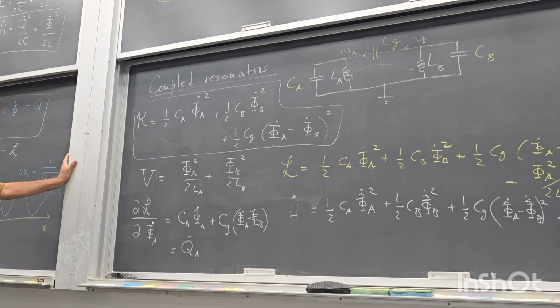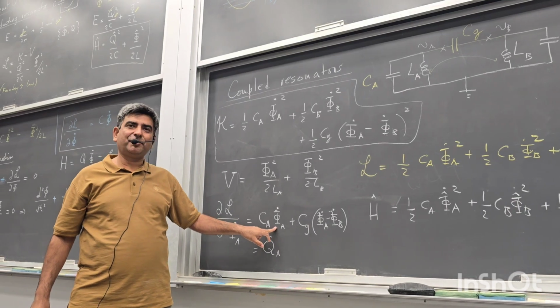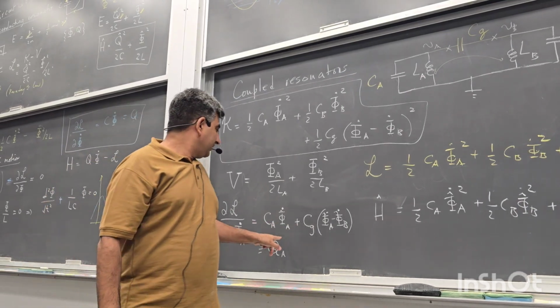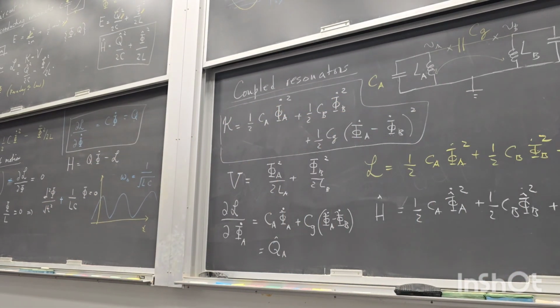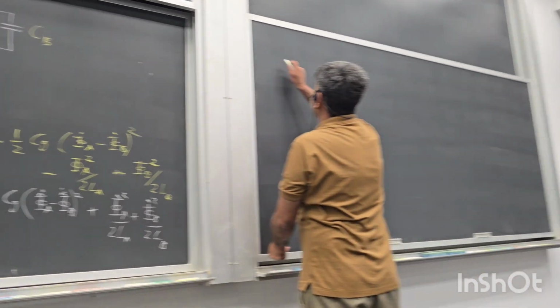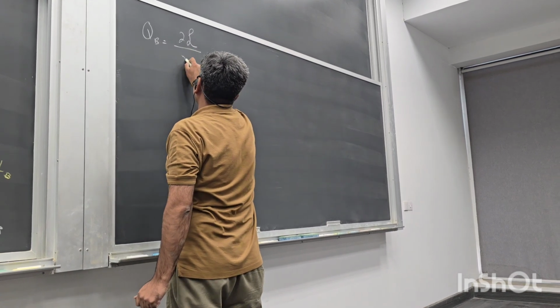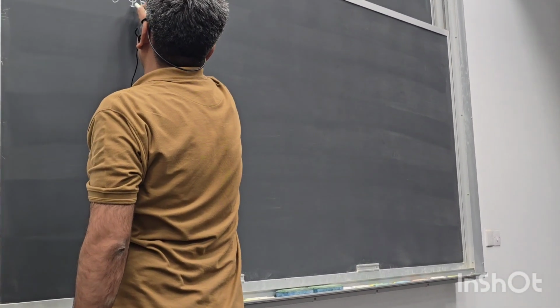Likewise, I can find QB, and then I can write down a transformation equation that connects QA and QB with phi A dot and phi B dot. So if I repeat this calculation, my QB is the derivative of the Lagrangian with respect to phi B dot.